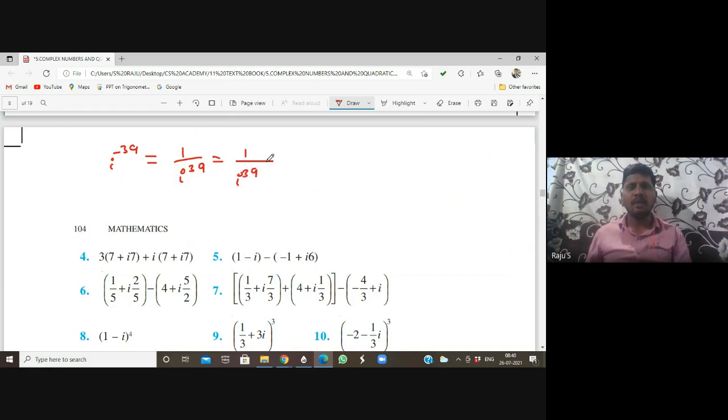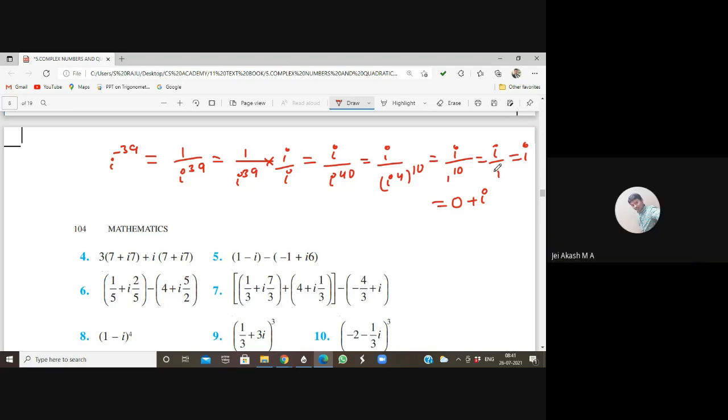It is easy. I power 40 can be written as i power 4 whole power 10, that is 1 power 10, nothing but 1, so this is equal to i. But you should not write only i, write 0 plus iota.